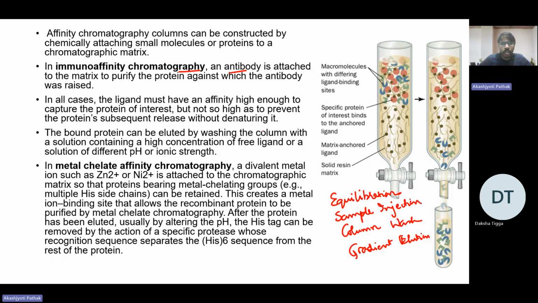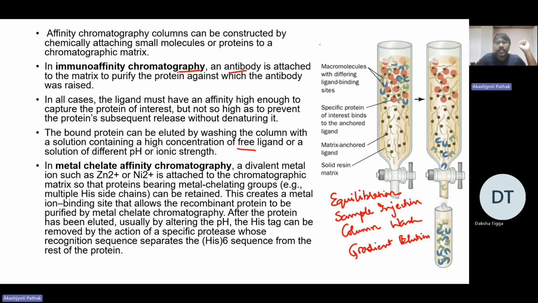So once it is bound, how will you elute your protein of interest? In the elution step, you can elute it by washing the column with a solution containing a high concentration of free ligand, or a solution of different pH or ionic strength.